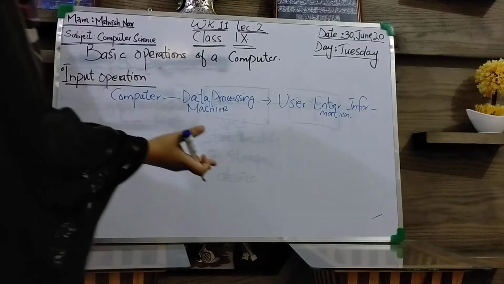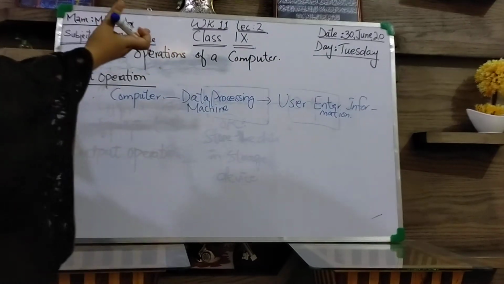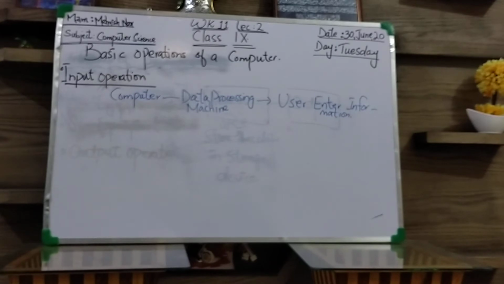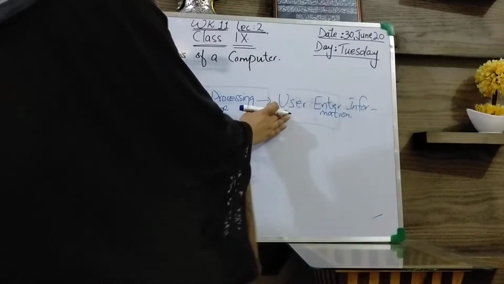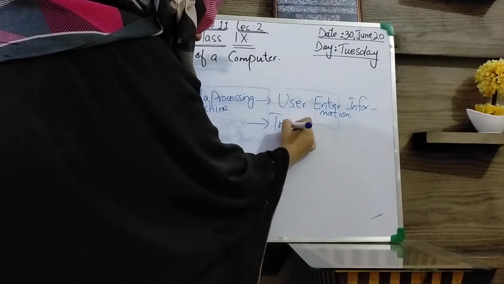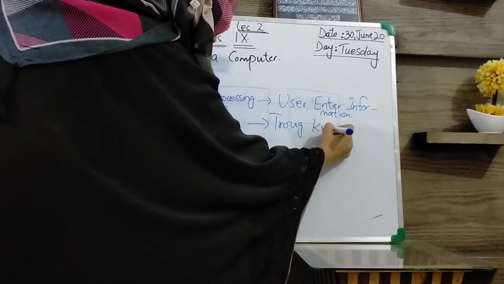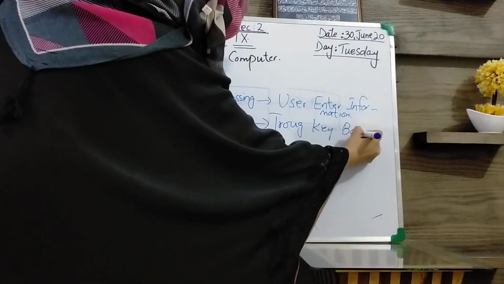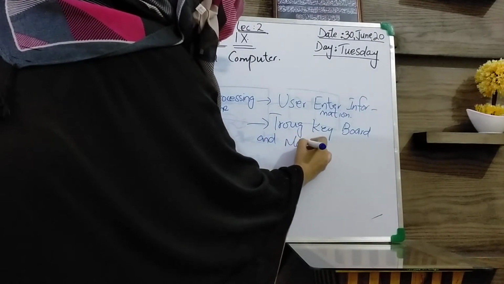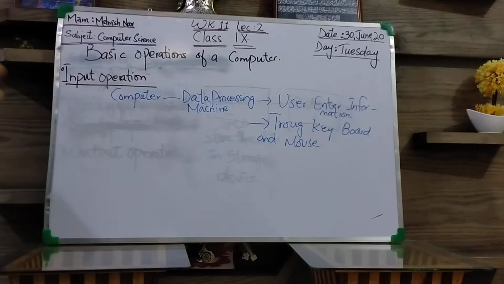How can users enter information? Through keyboard and mouse. Clear, girls?